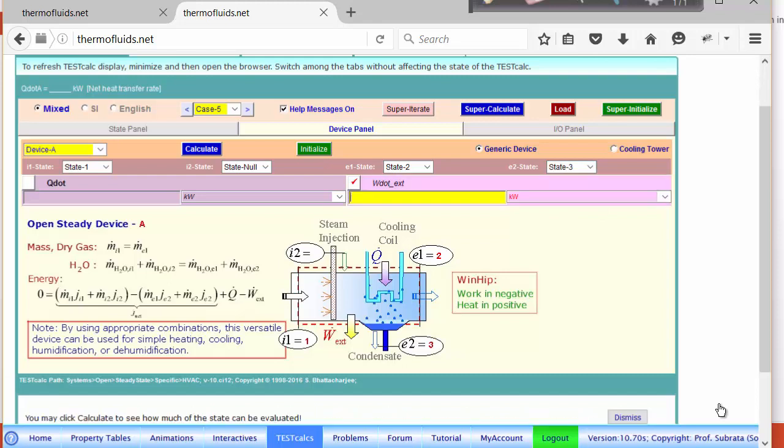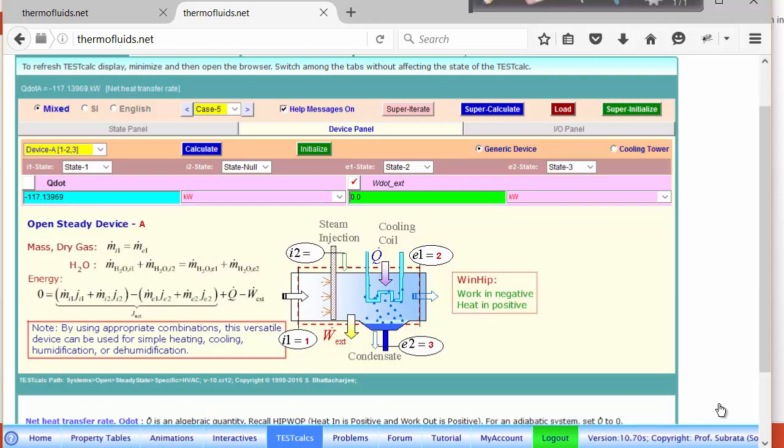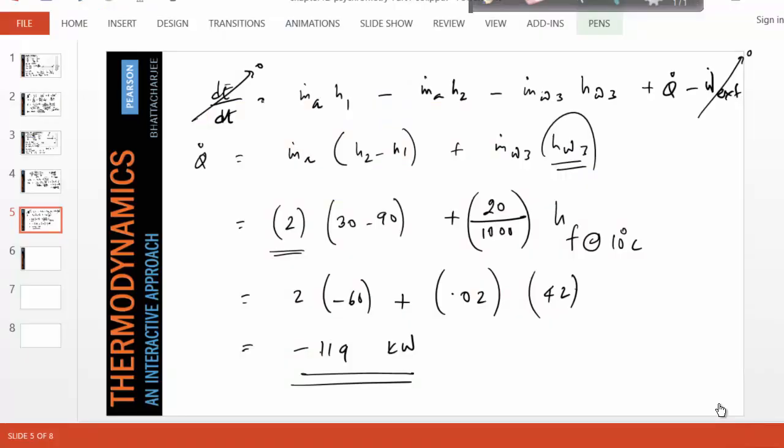There is no external work transfer, W dot external equals 0, and so basically let's calculate our Q dot, negative 117, and what did we get here? Negative 100 from TESTcalcs, negative 117 kilowatt from TESTcalcs. So that's pretty close.